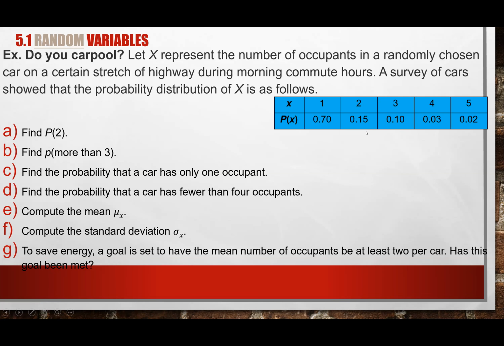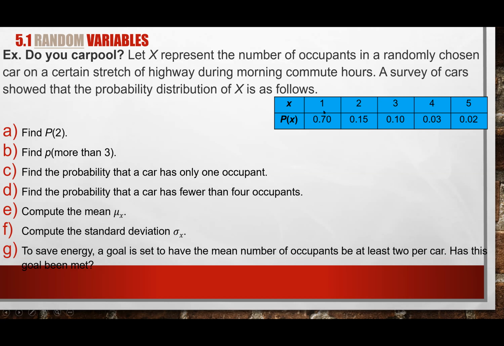So let's take a look at what data they present to us. They tell us that this x, 1, 2, 3, 4, 5, is the number of occupants in a randomly chosen car on a stretch of highway during the morning commute hour. So in the car there are 1 person, 2 people, 3 people, 4 people, 5 people.